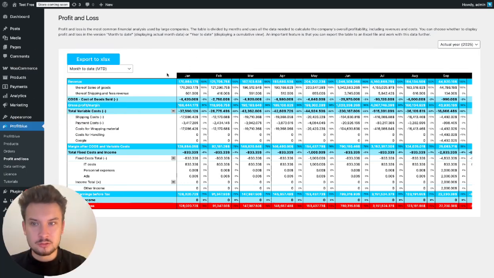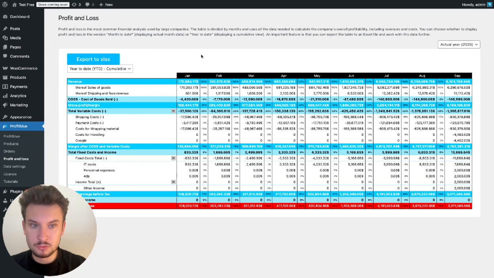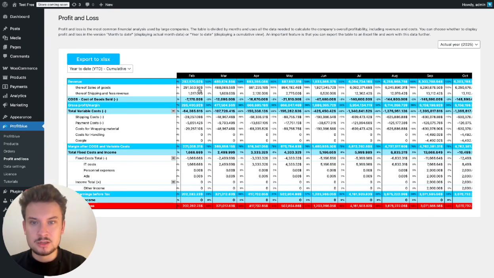An important feature is also the export to Excel file. You can export it and work with it as you want in your Excel. Another thing is you can set up the year to date, which is a cumulative view. It means that in this view, these months are getting compounded.